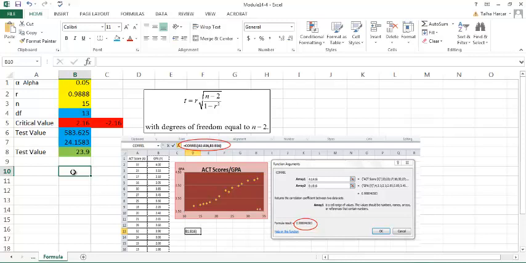Therefore, the correlation is significant. Please do example 2 and example 3 on your own. All you need to do is enter the alpha, r, and sample size. This is it.